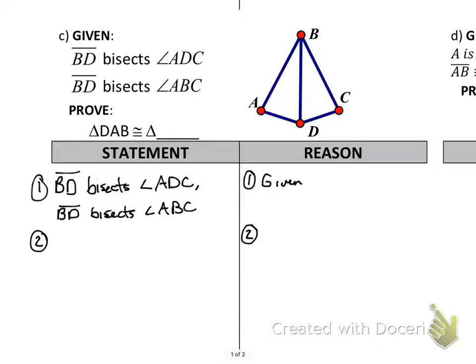We do have something right in the middle that we know is congruent. What do you got? A and C? Well, again, we don't have anything telling us those are congruent. They might appear to be, but there's no angle relationship between them. It's not like they're vertical angles or anything like that.